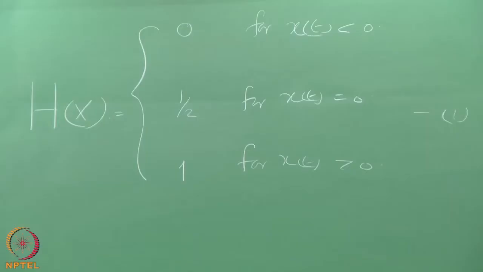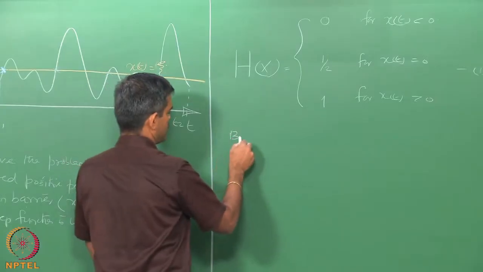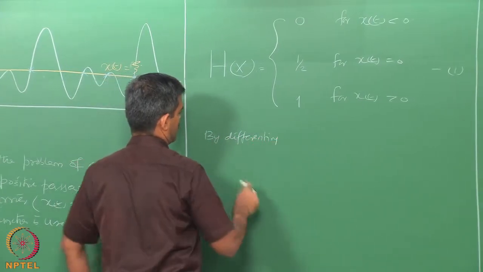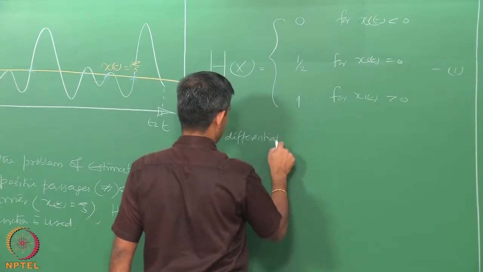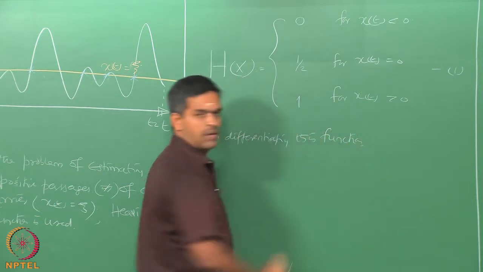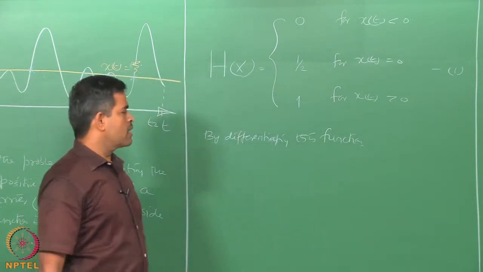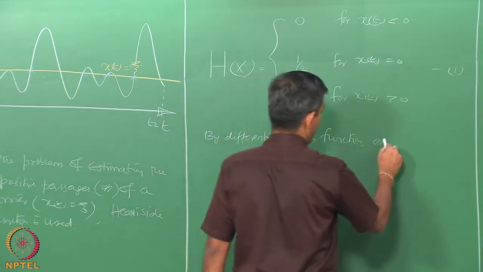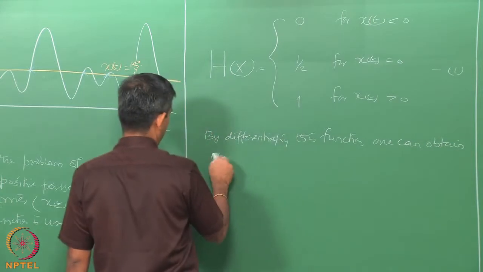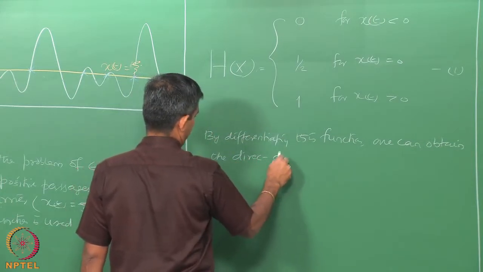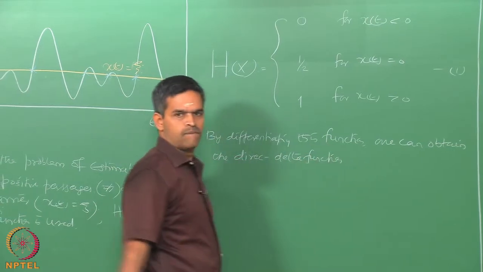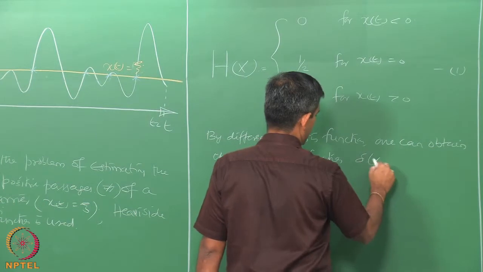By a formal differentiation of this function, one can easily get the Dirac delta function, which is indicated as delta of x.